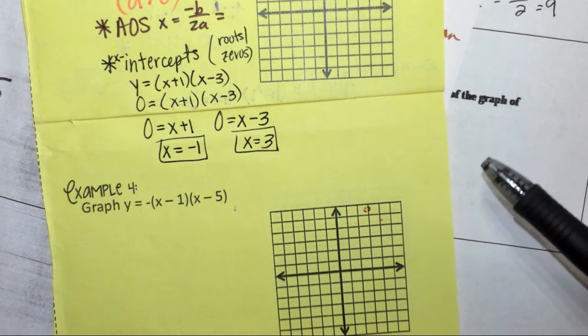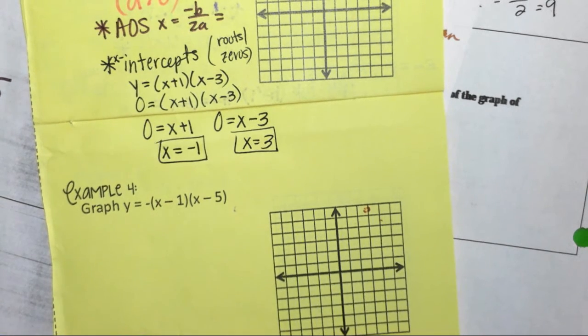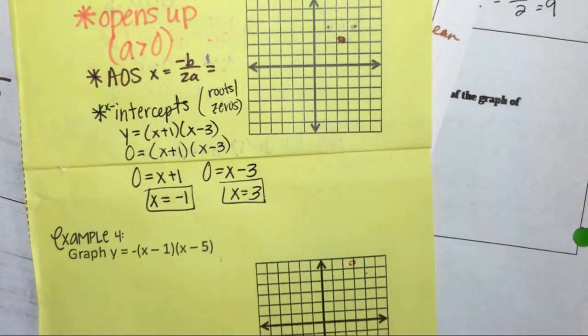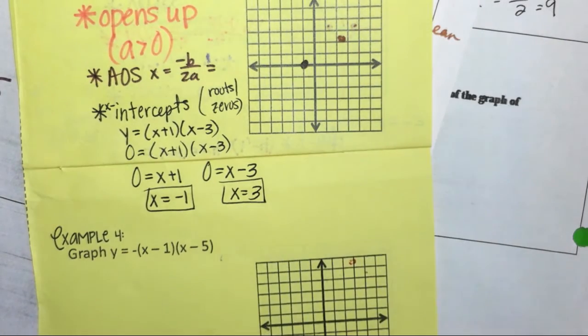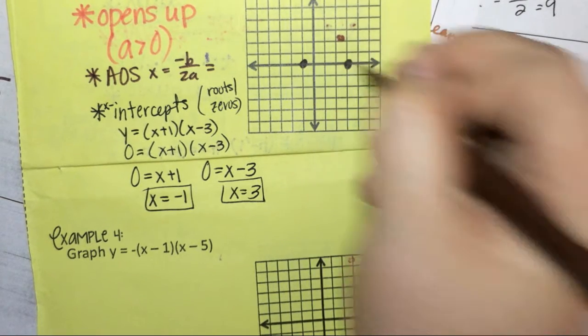But if Natalia's caught on, it's always the opposite sign. So I should have already known. I see that plus 1, I have a 0 at negative 1. I see that minus 3, I have a 0 at positive 1, 2, 3, at positive 3.